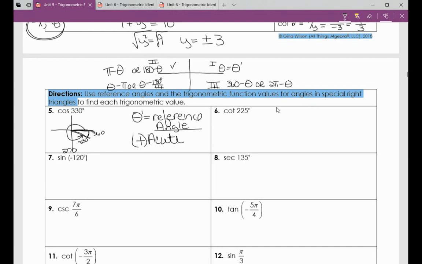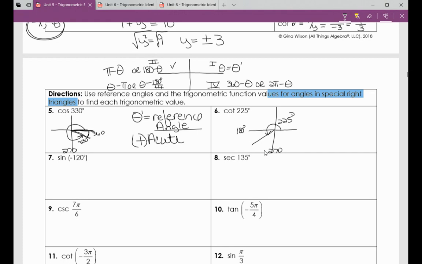All right, so for number 6, this is actually not quadrant 3, it's quadrant 4. Apologize. If this is 180 degrees and this is 270, 225 would fall somewhere between 180 and 270.